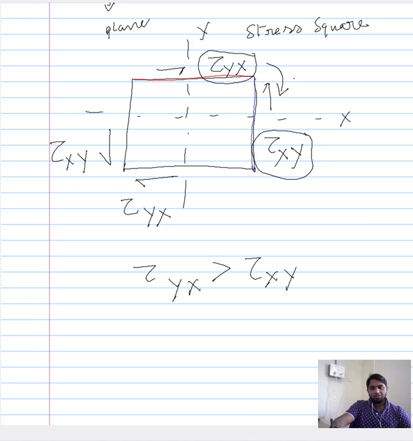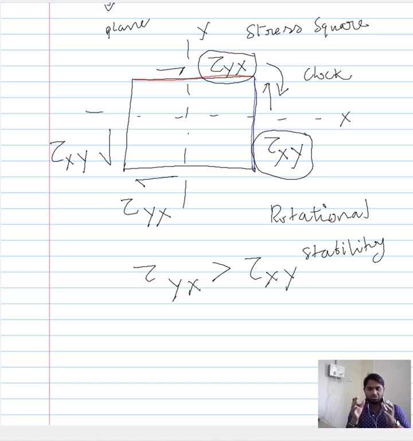Again, when tau yx is greater than tau xy, this square would start to rotate. This would be in the clockwise direction, and this would disturb the rotational stability of the square.